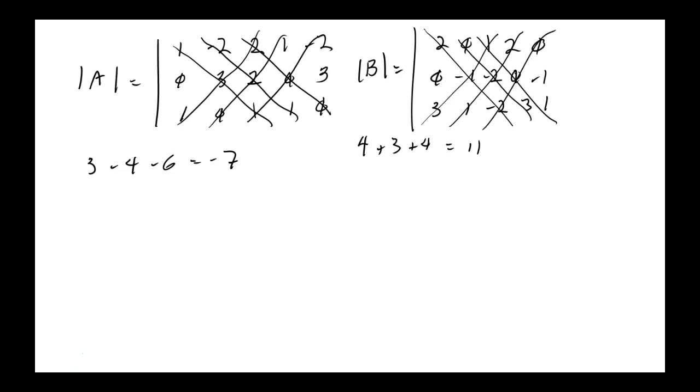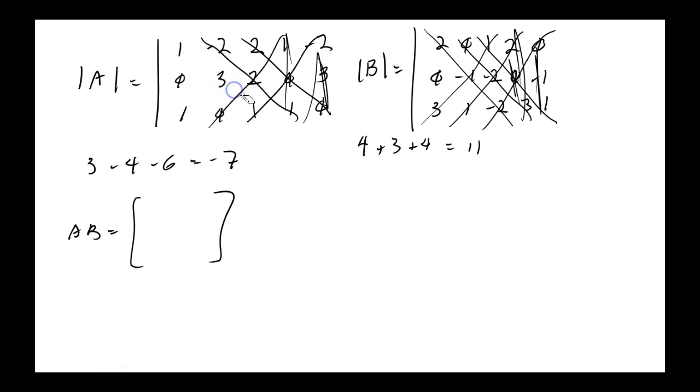Now, what we need to do is multiply the two matrices and then take the determinant of them. So the product AB is going to be, A is a 3 by 3, and B is a 3 by 3. I'll get rid of the construction lines.